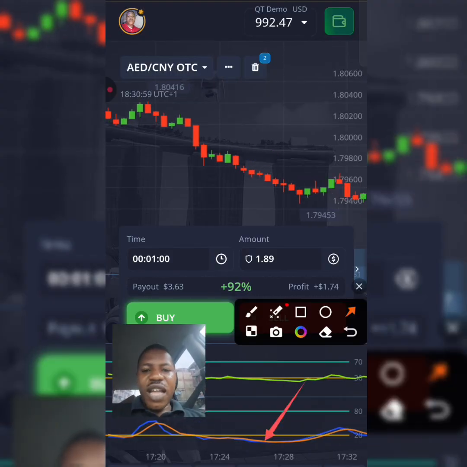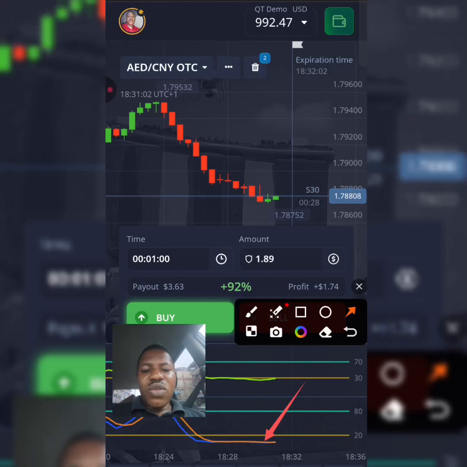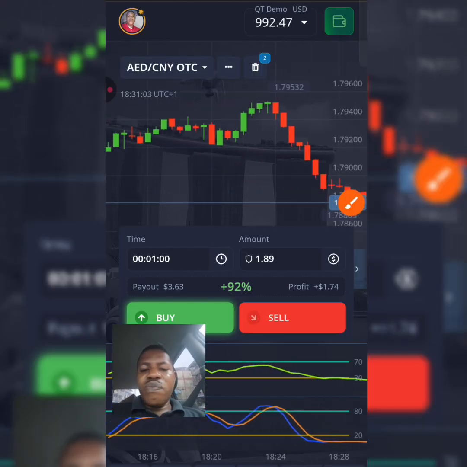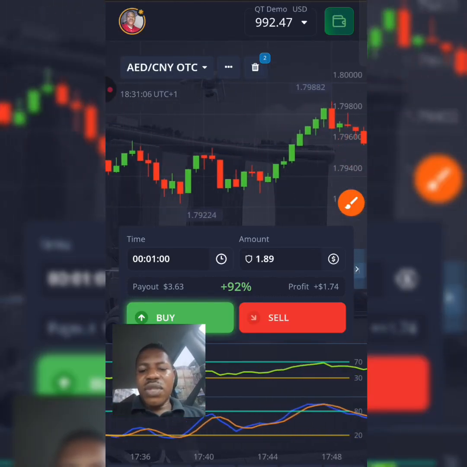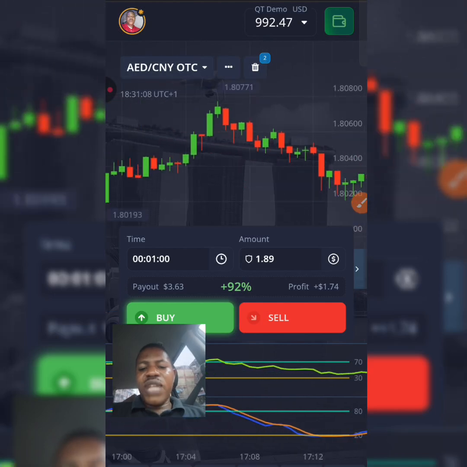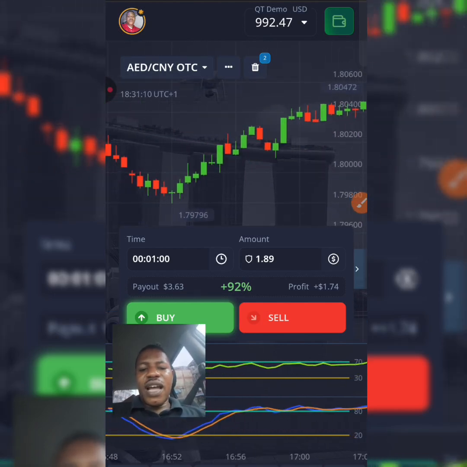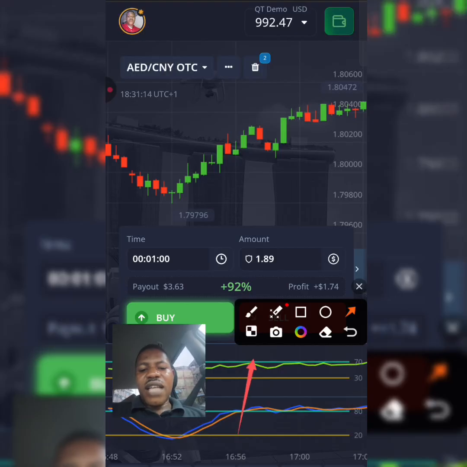It's already under for some time, and then you are trying to fight it to go up. It may end up wiping out your account. So it's preferable that the stochastic is coming from under and going up, and then the RSI is touching oversold, so it works better.